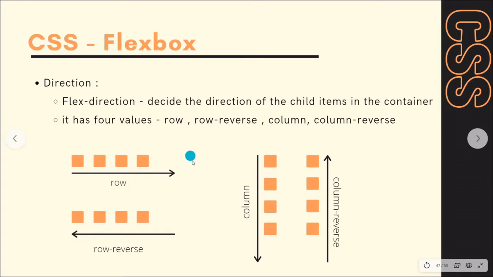For that there are four values of flexbox direction, that is row, row reverse, column and column reverse. As you can see, the row defines the elements to be aligned from left to right, and the row reverse is the opposite of row, that is from right to left. Similarly the column aligns the items from top to bottom, and the column reverse is the opposite of the column, aligning the items from bottom to top. So this is the way we can align the items in different directions using the flexbox direction.